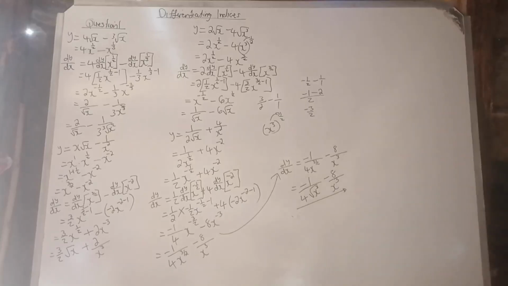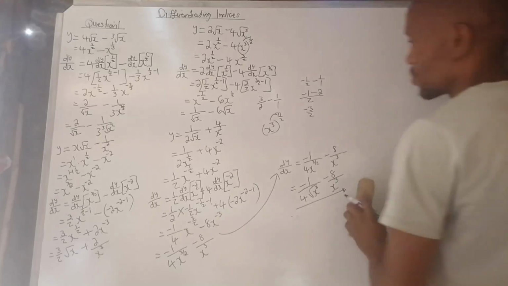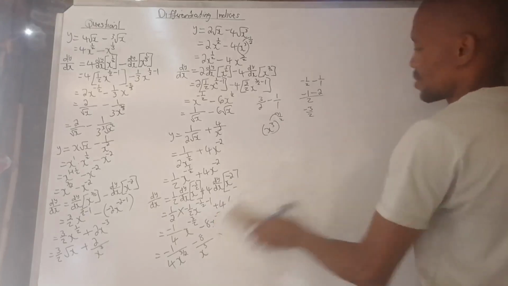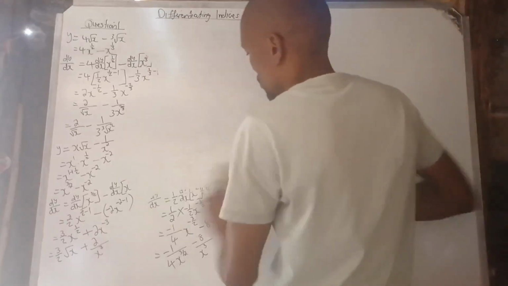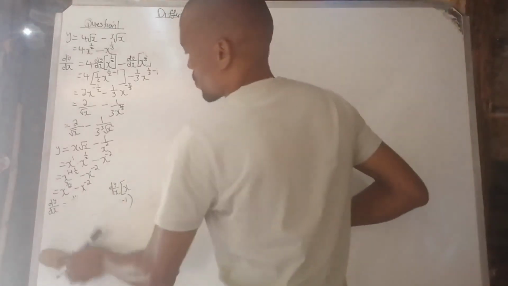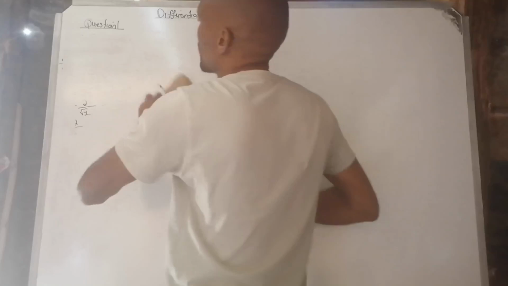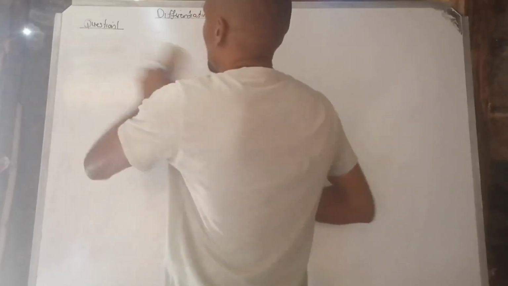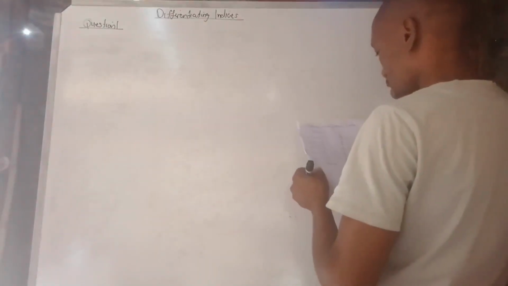Now let us go to the very last one before we can complete part 1. Now I'm just going to erase all this. And let us try to look at the very last one.